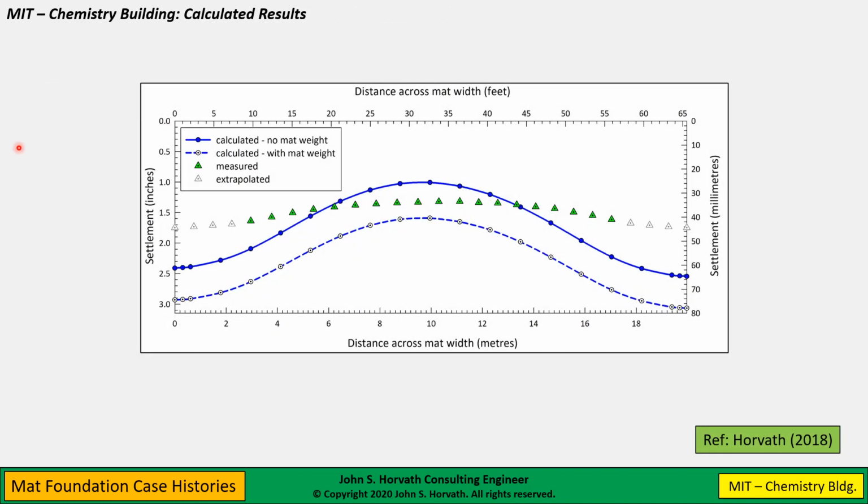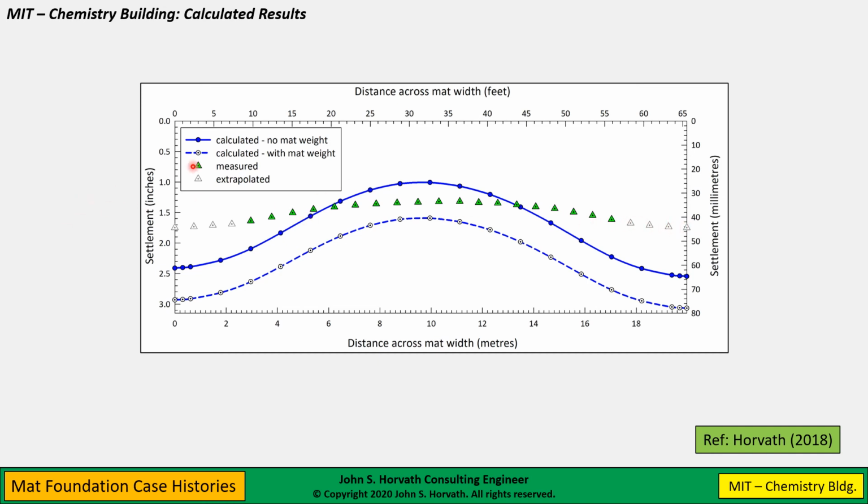And again, a comparison, calculated results, no mat weight and mat weight with the measured results. Now in this case, with the measured results, some of the values that DeSimone and Gould showed, they extrapolated. These were not measured. That's why they're shown by just an unfilled triangle.